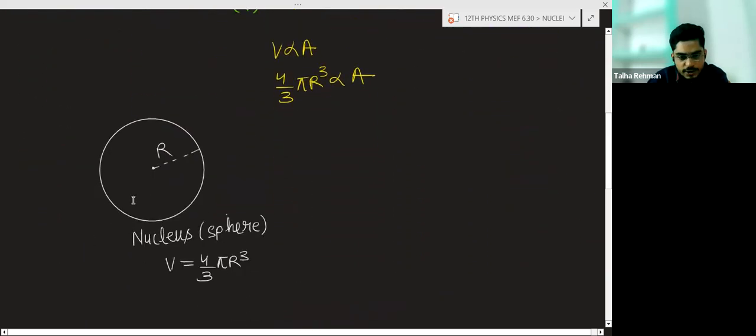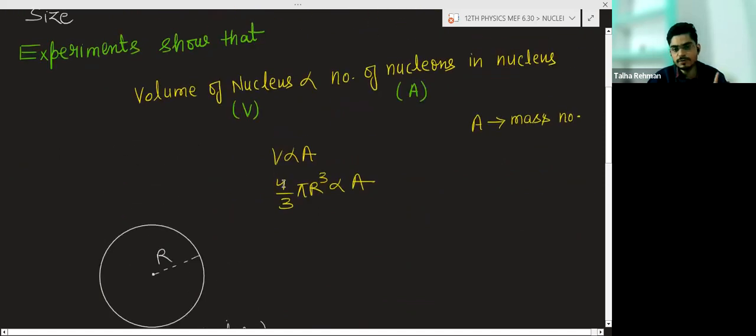Now if this is the nucleus and we are considering the nucleus as a sphere in shape, then the volume of the sphere can be written as 4 by 3 pi r cube. So I can write this volume as 4 by 3 pi r cube.